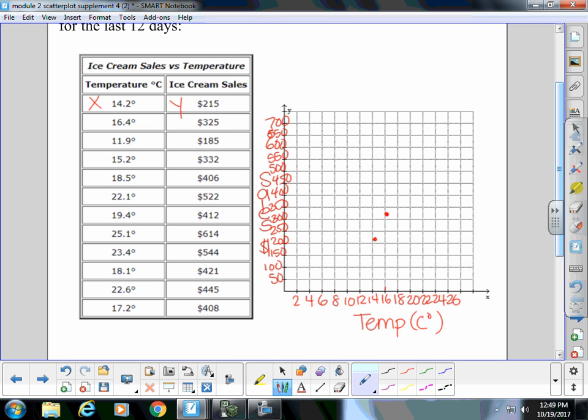It's almost up to 350. 11.9, so basically 12 and 185. 12, 185. 15 and 332. 18 and a half and 400. 22 and 522. 19 and 412.